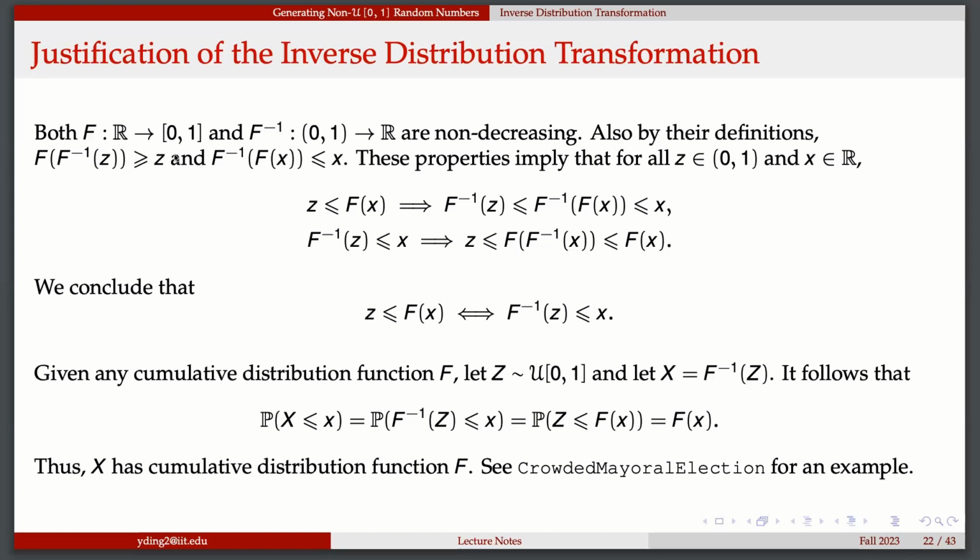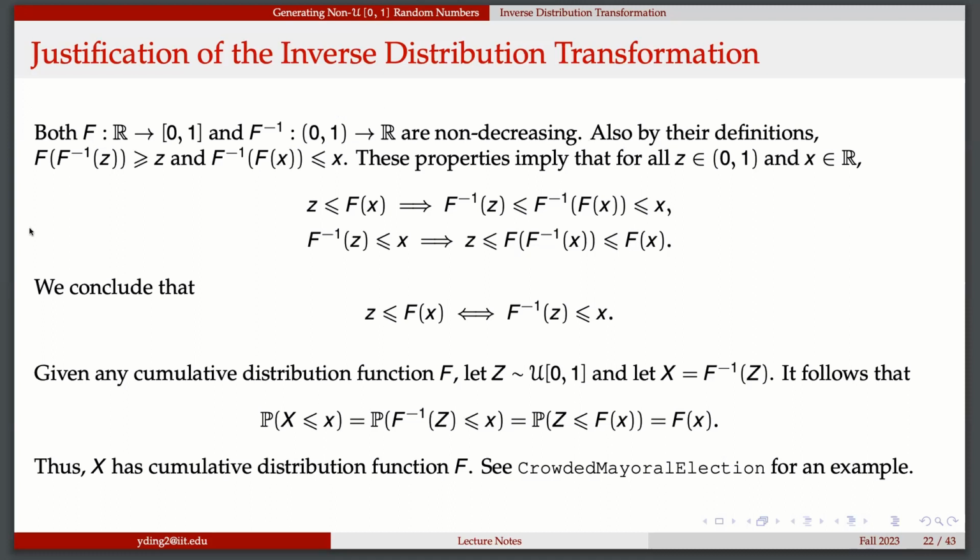Then you map it back with the inverse function, from 0 to 1, maybe the open interval, to R, and this one is non-decreasing. So you cannot say that at 0.1 I get 2 and then at 0.3 I get 1. That doesn't make sense. You cannot make it decrease.